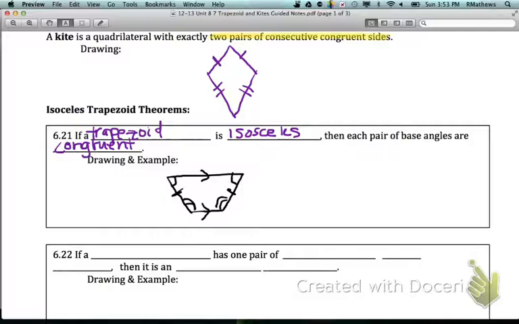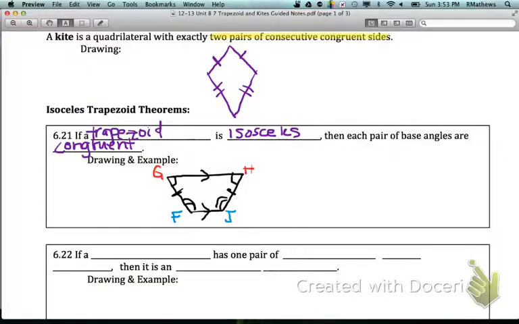And what we're saying is that these base angles are also congruent. And GH right here, that's a pair of base angles. And then FJ down at the bottom is another pair of base angles. Okay, so that the pairs of base angles would be congruent.